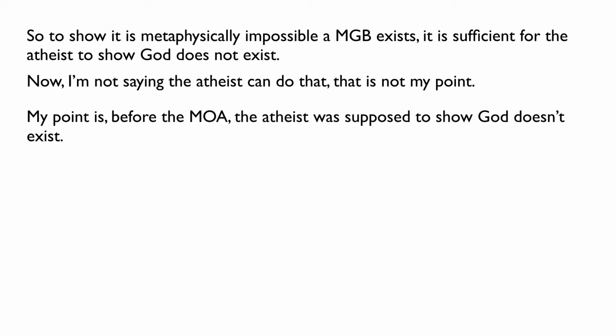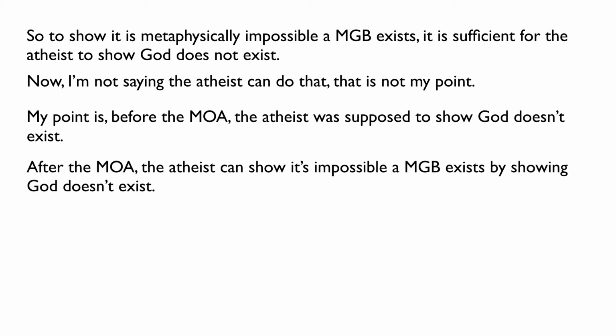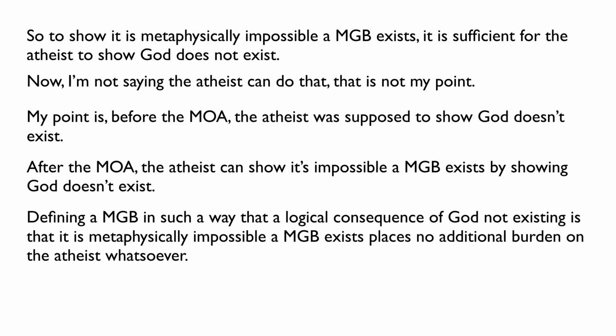My point is that before the modal ontological argument, the atheist was supposed to show God doesn't exist. After the modal ontological argument, the atheist can show it's impossible a maximally great being exists by showing God doesn't exist. In other words, defining a maximally great being in such a way that a logical consequence of God not existing is that it is metaphysically impossible a maximally great being exists places no additional burden on the atheist whatsoever.